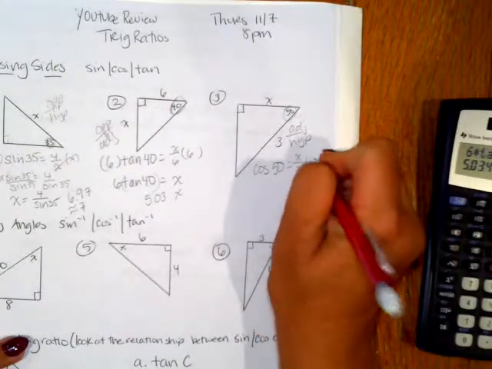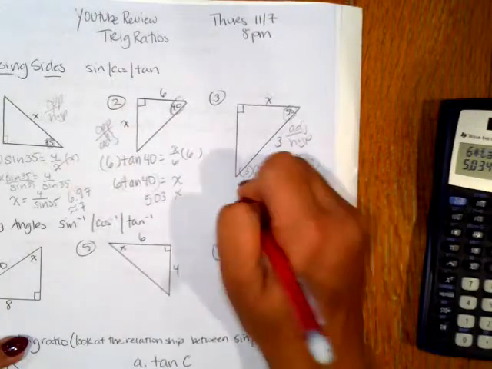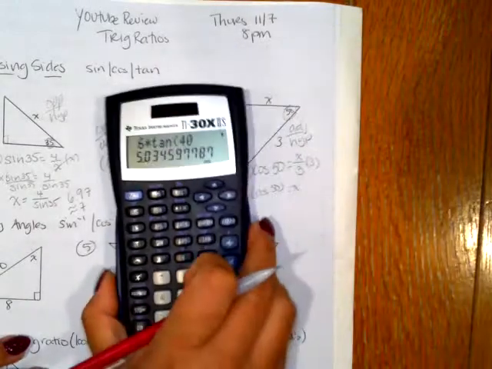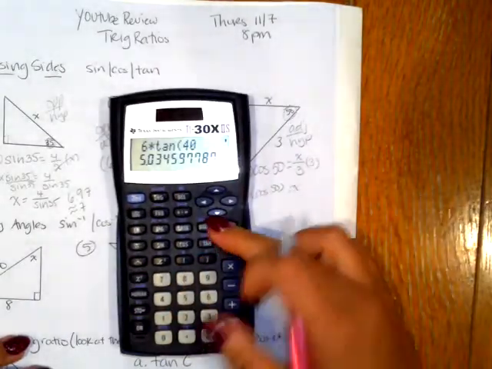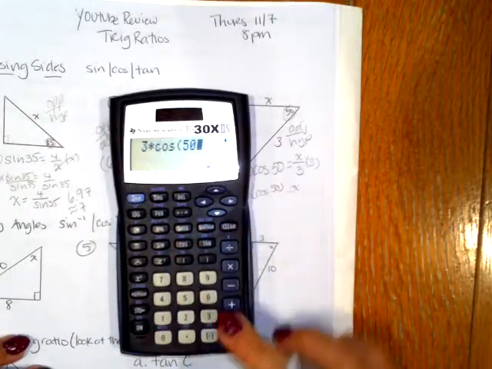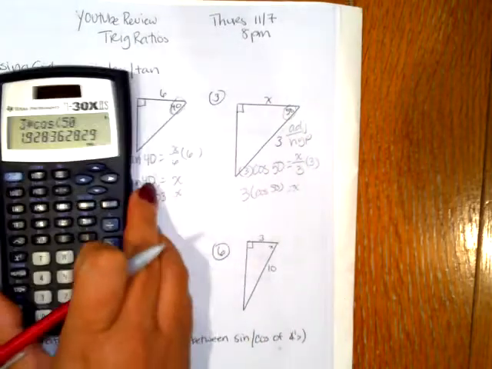Multiply both sides by 3. X is equal to 3 times the cosine of 50. Calculator again. Remember, you're going to get a calculator for your exam. So you've got 3 times cosine 50, and that's going to get you 1.928.